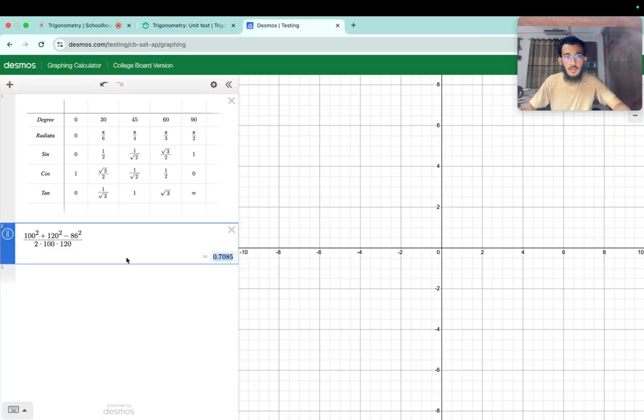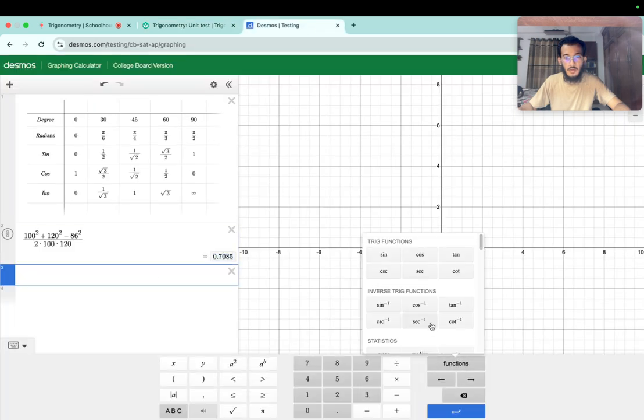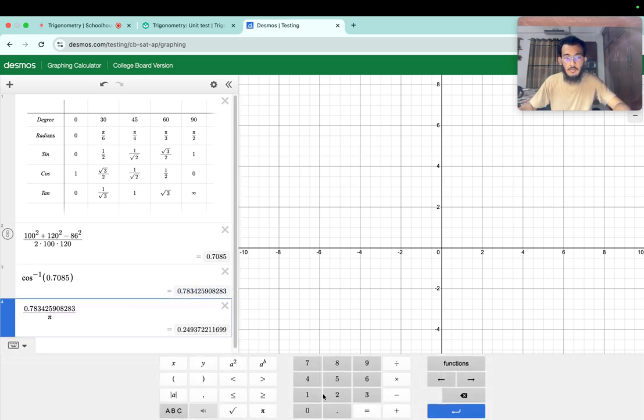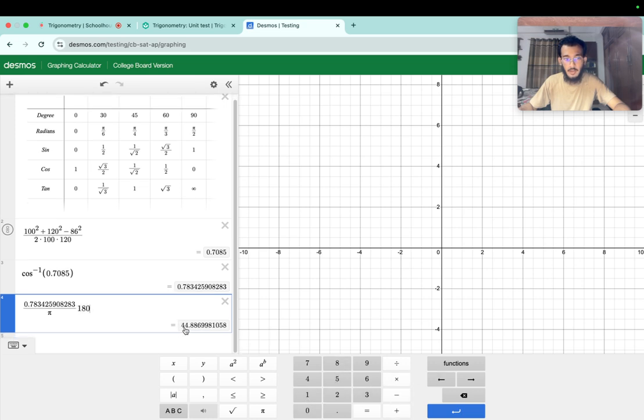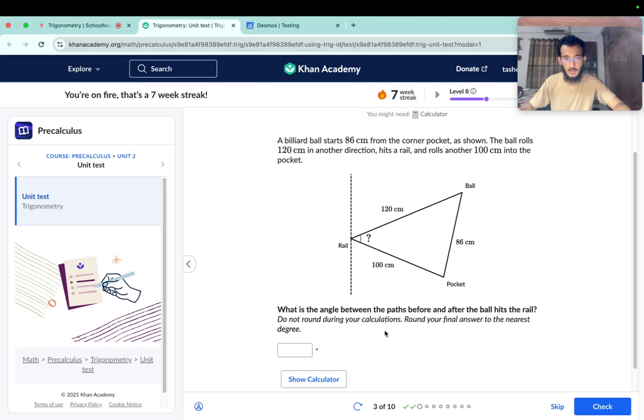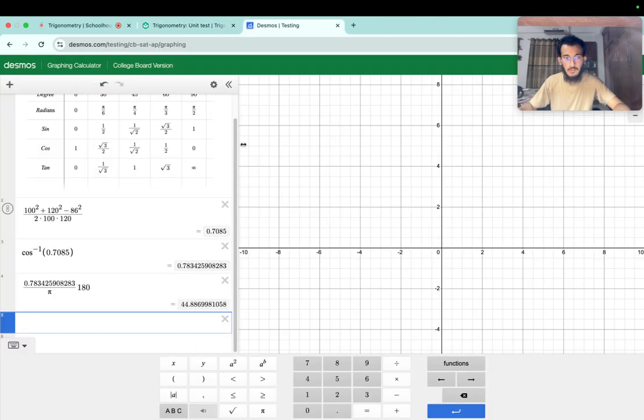Anyway, we can find cos inverse of this thing here, but here we'll get radians, so we can easily convert this into degrees by using this formula. So this is 44.88, and they have stated to give it to the nearest degree, so I can say it is 45 degrees.